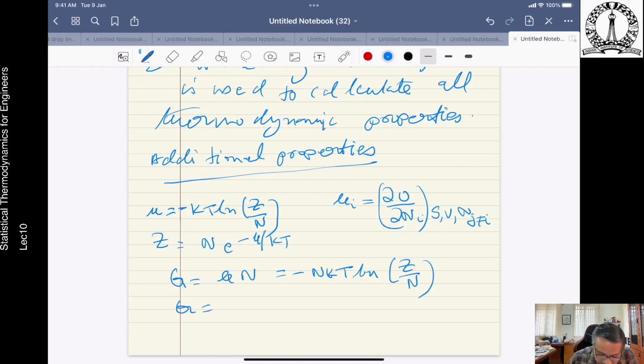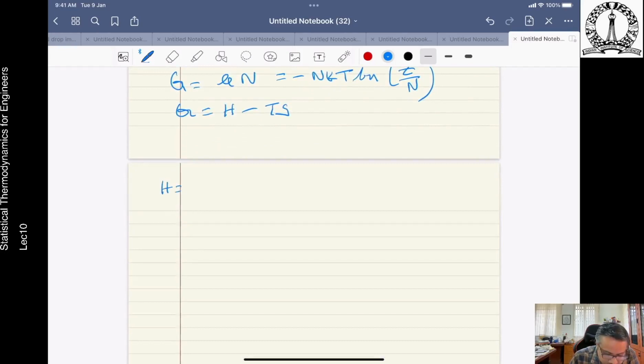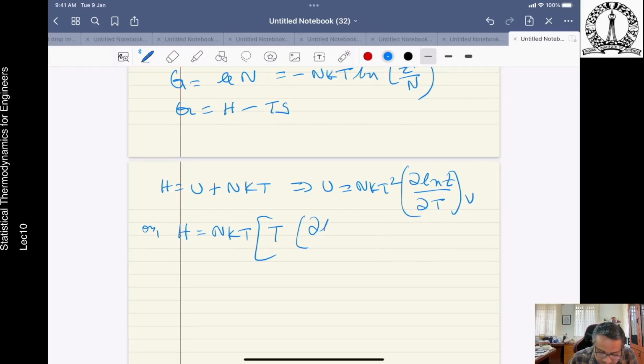G is further given as h minus ts. Okay, so h is further written as u plus nkt. Now u we already found out is nkt square d ln z by dt at constant v, or in other words, H is equal to nkt t d ln z by dt at v plus 1.